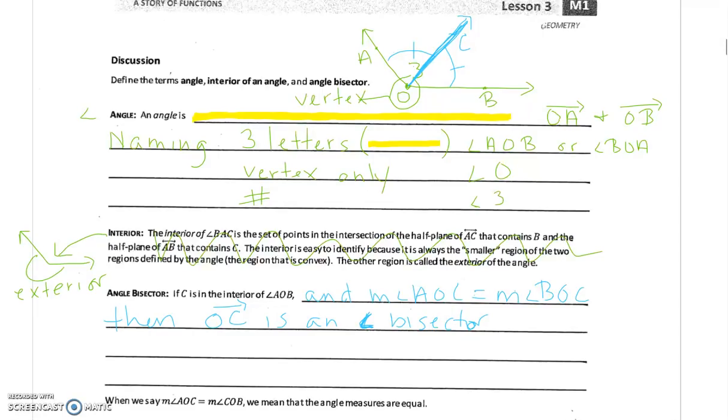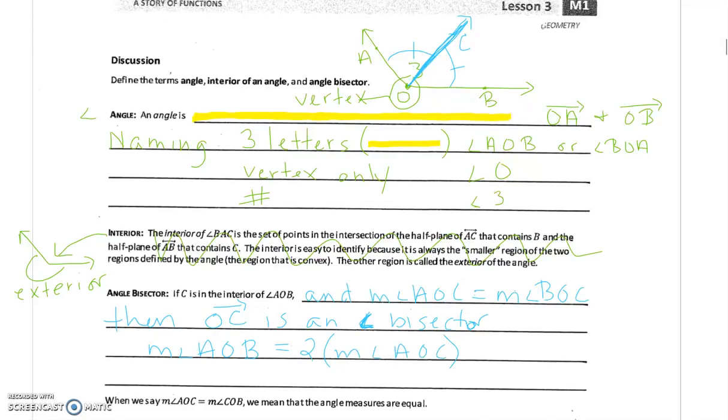So, we already know that the measure of angle AOC and BOC are the same. We could say that the big one, the measure of angle AOB, is equal to 2 times the measure of angle AOC.